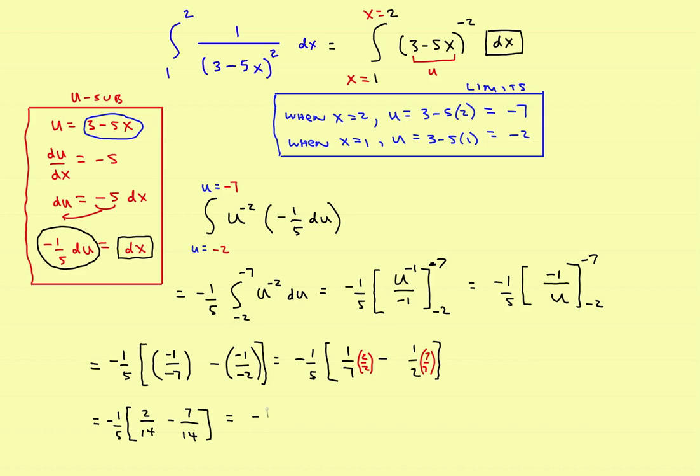That gives me a -1/5. And go ahead and put these two together. So 2 minus 7 would be -5/14. And in this case now the 5's cancel out. And also the negatives cancel out. So the final answer would be 1/14. So the final result would be 1/14.